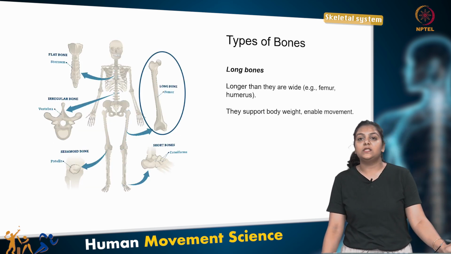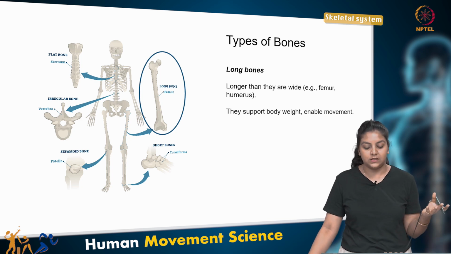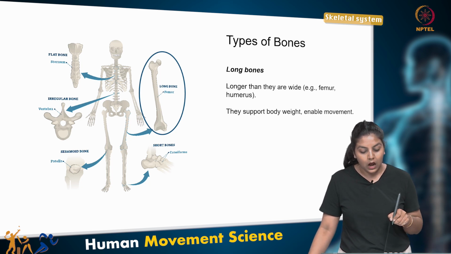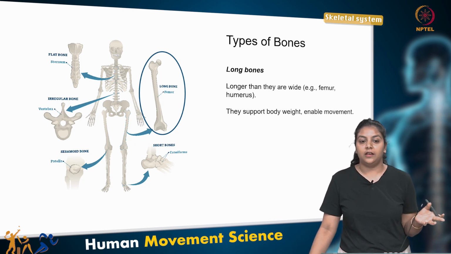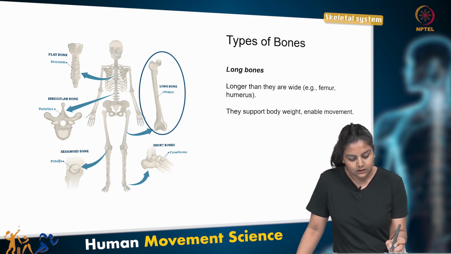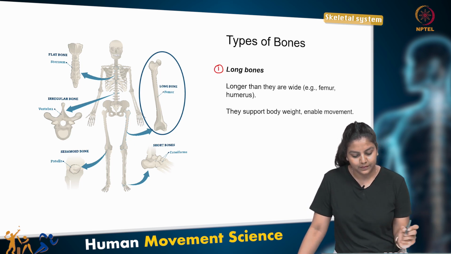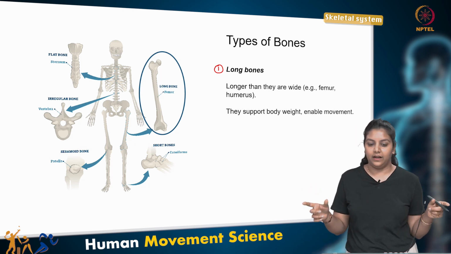So how are these bones categorized? It's very important to know them. We have 206 of them. Let's look at how these bones are categorized, and based on the categorization, what their function is. The first category is long bones. They're called long because they are longer than they are wide.